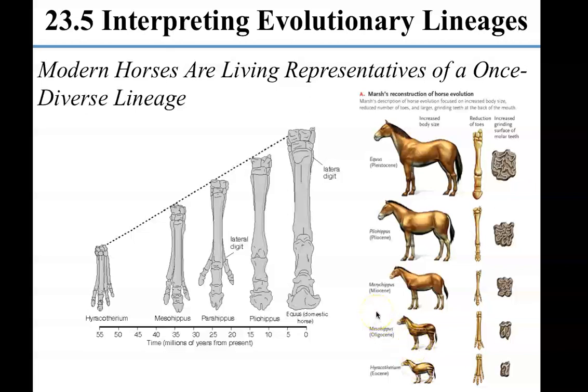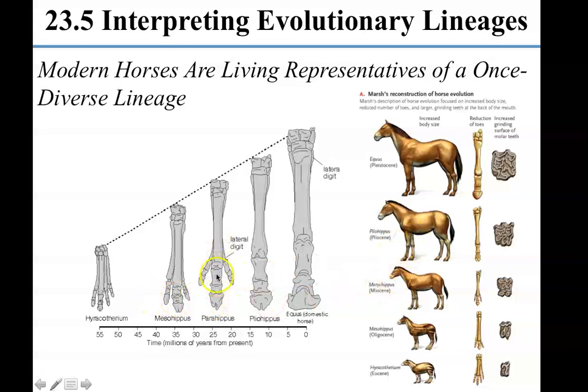What we see in subsequent horse fossils is that over time the horses got larger. Here's a modern horse. You can see it's really big, right? It's 5 feet at the shoulder, perhaps. So they've been getting bigger through their evolutionary history. And their legs have changed pretty significantly, especially their feet. This species, Mesohippus, instead of walking around on 4 toes, walked on 3. Parahippus is another one.